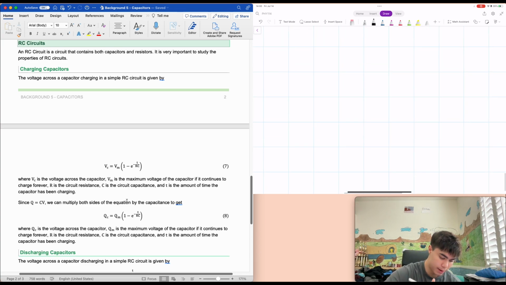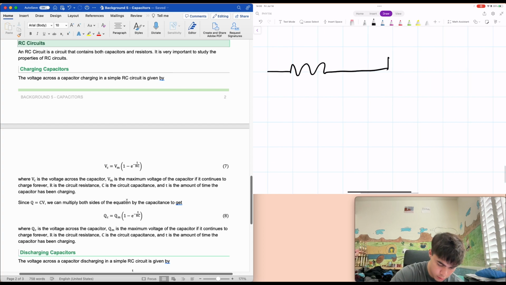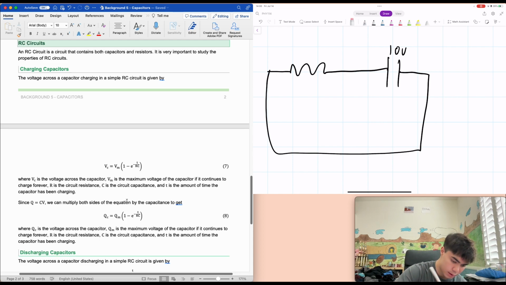So initially we have a circuit, and this capacitor has 10 volts across it. This is right after the circuit is closed. This is the positive side of the capacitor, and here is the negative side of the capacitor. The voltage across the resistor is the same as the capacitor using KVL.